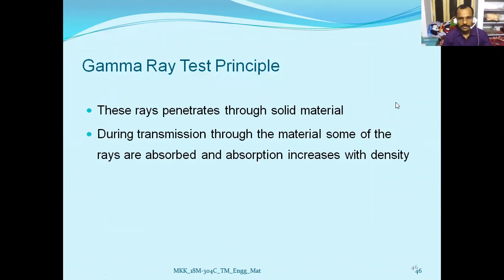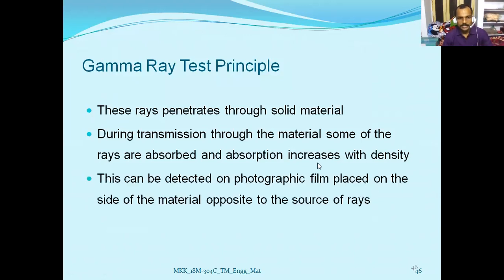During transmission through the material, some of the rays are absorbed and absorption increases with density. This is the same factor as in the case of X-ray testing. This can be detected on a photographic film placed on the side of the material opposite to the source of rays.